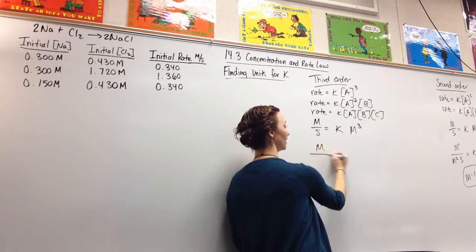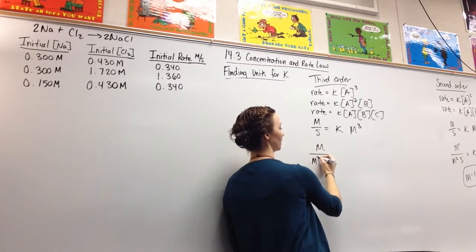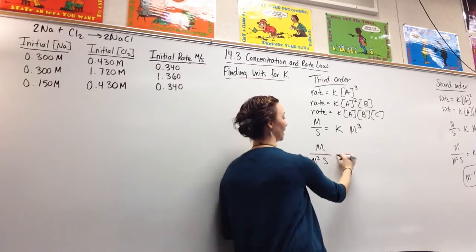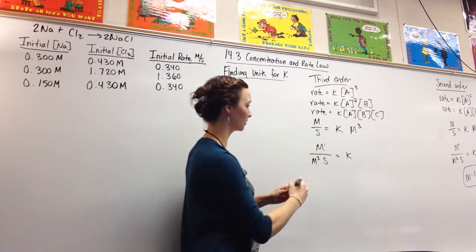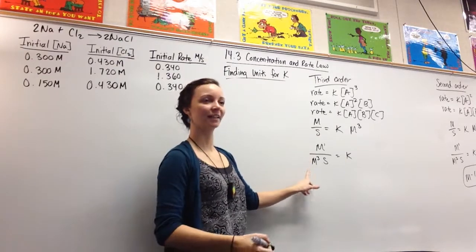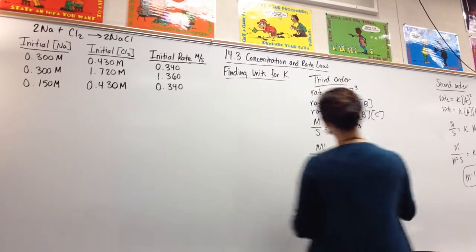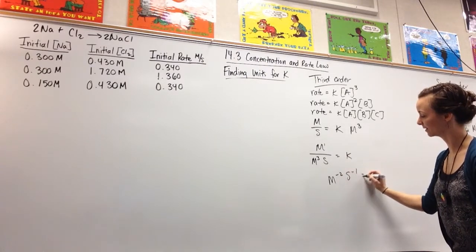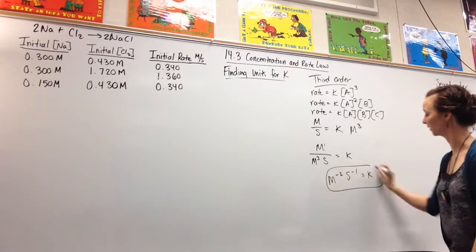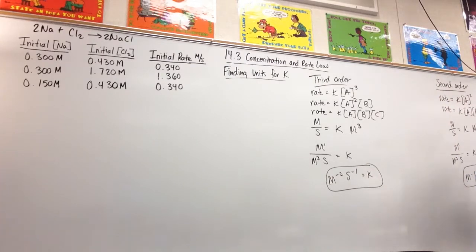So molarity over molarity cubed times seconds, and that's equal to K. So now we're going to do the same thing with the exponents. What's 1 minus 3? Negative 2. So our units then are going to be molarity minus 2, S minus 1 is equal to K. So those are your units for third order reactions.